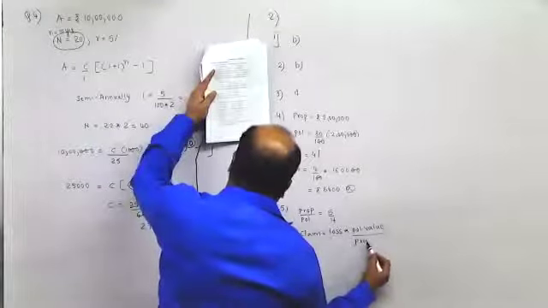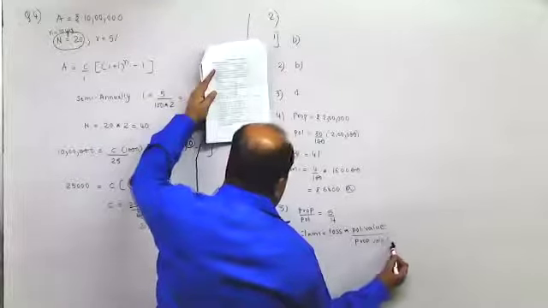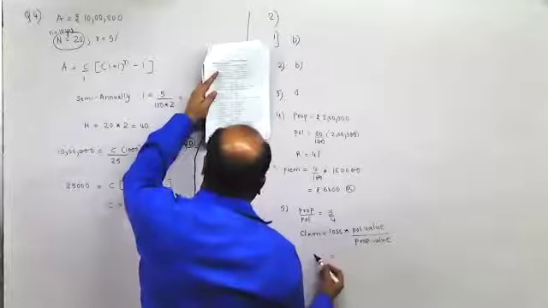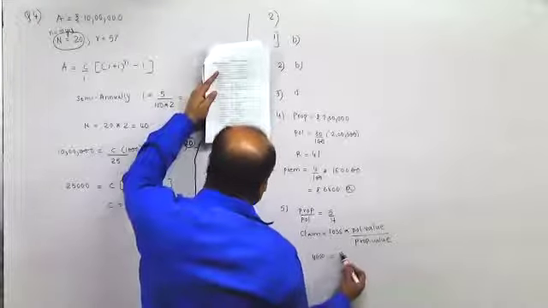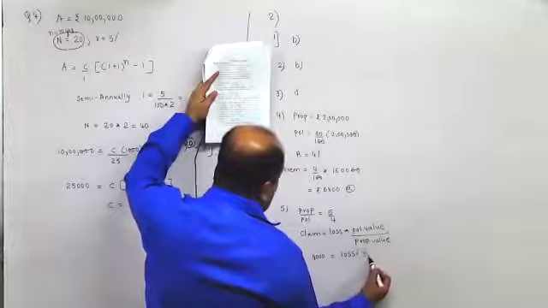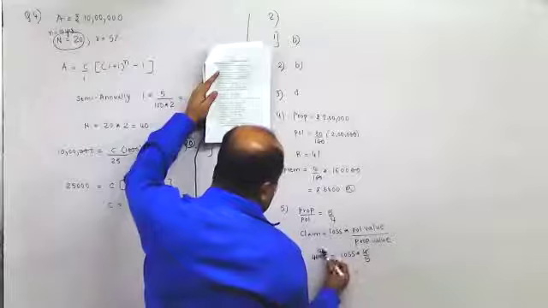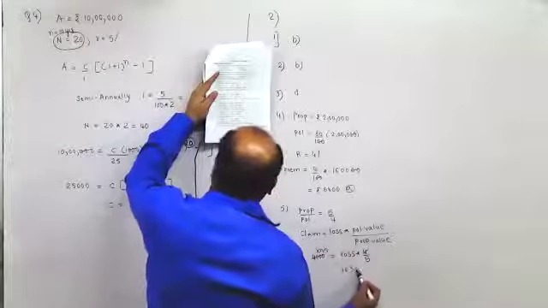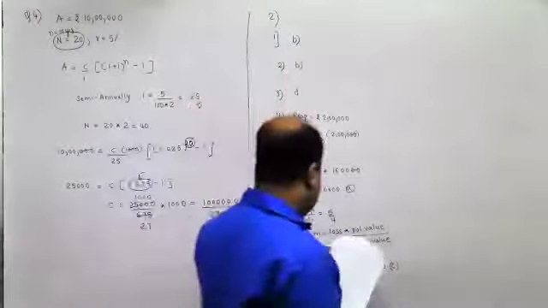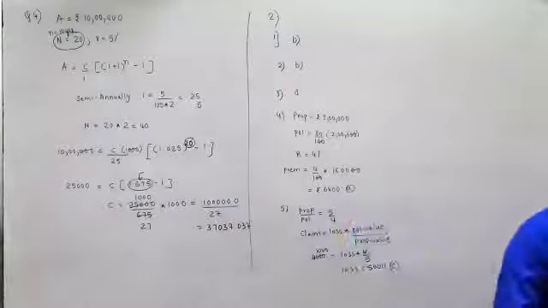So here claim is 4,000. Loss is what? It is not mentioned. Policy value upon property value is 4 by 5. This is 1,000. So loss is 5,000.